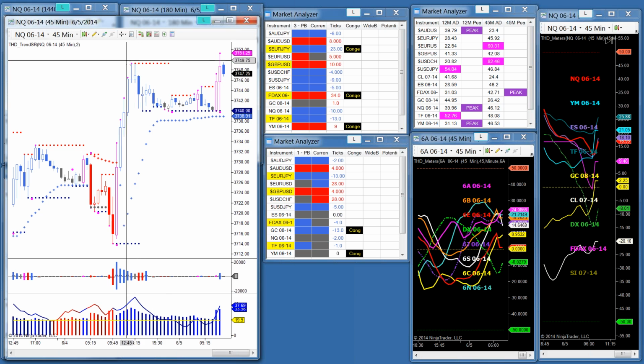Do you see how we have this line of red dots up here? That tells me that there is resistance in that area. In other words, it was making highs, highs, highs, highs, highs, and then it stopped. And it has not been able to break this area. So that's sort of like the live edge of the market telling you, hey, they have resistance up here.